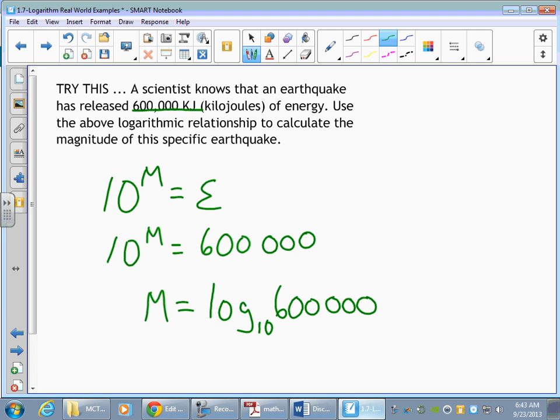The other value, of course, is the 600,000, and I'm trying to isolate the m value, and that's why we have logarithms. Punch into a calculator, and the value is 5.8 on the Richter scale. Pretty simple stuff.